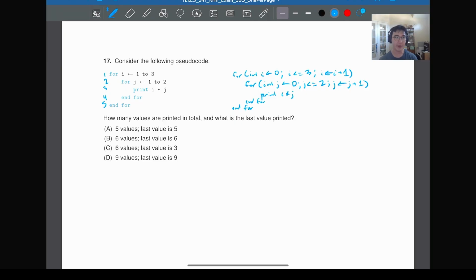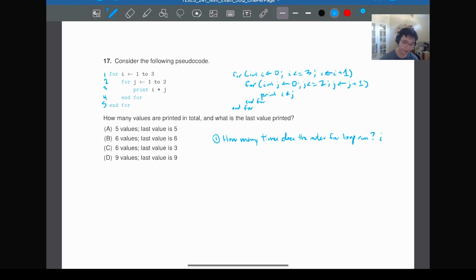The left-hand side can be easier. So just looking at it, how many times does the outer for loop, the I loop, run? How many times does the outer for loop run?